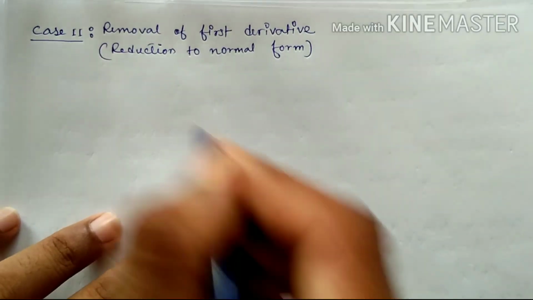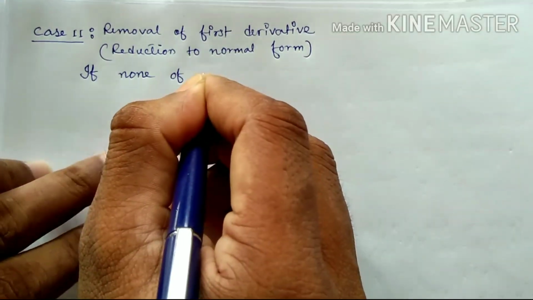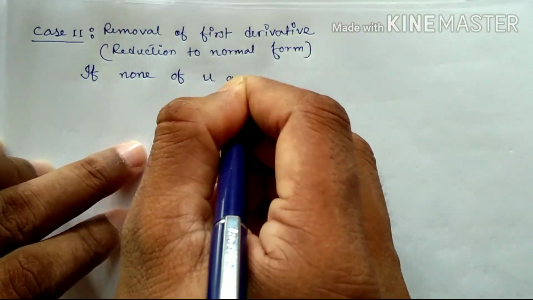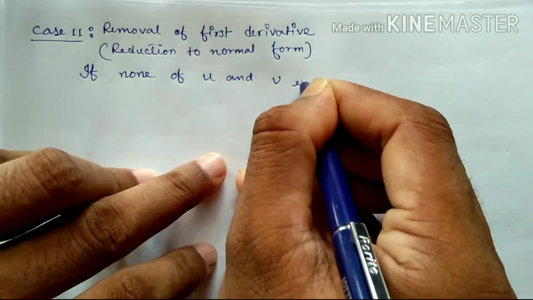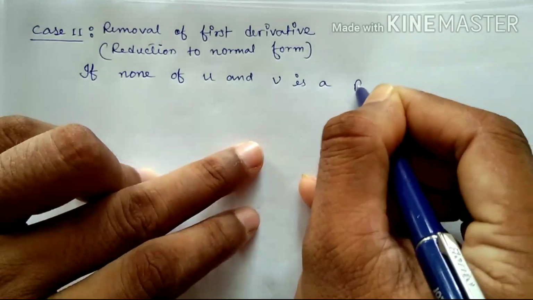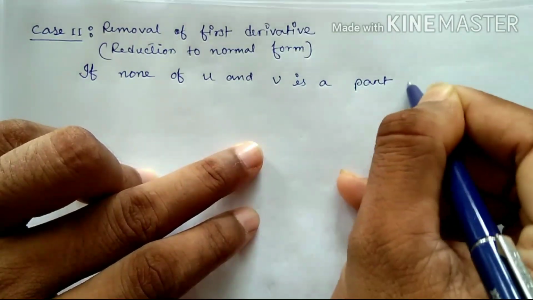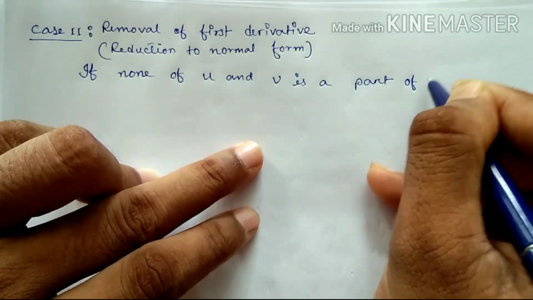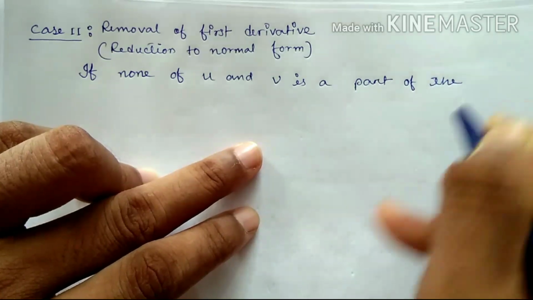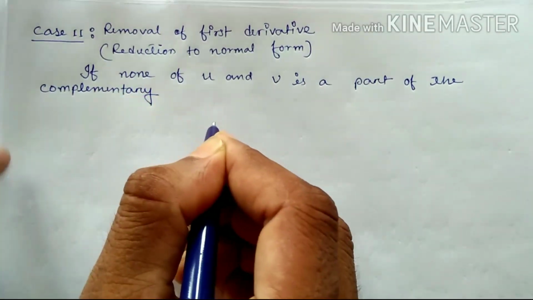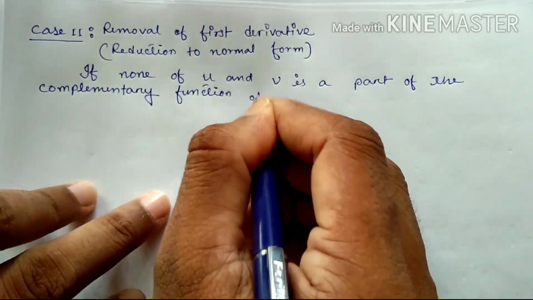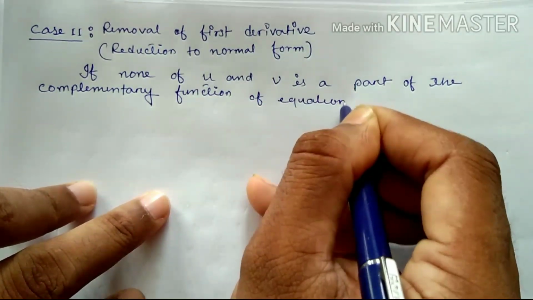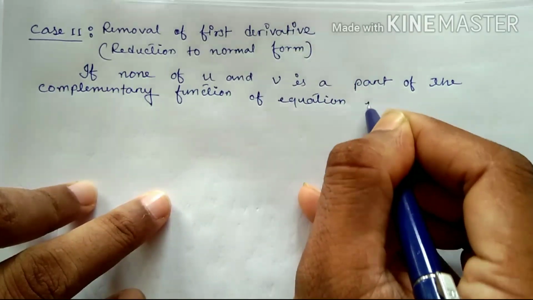If none of u and v is a part of the complementary function of equation 1.